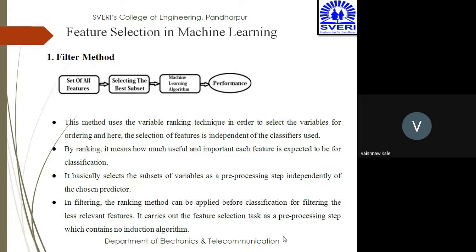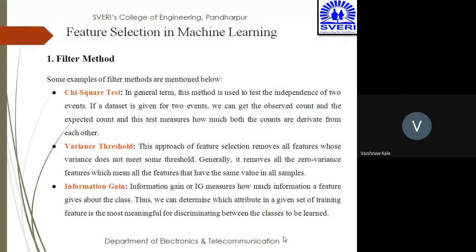In the filter method, you have seen the block diagram: the set of all features is given to select the best subset of features, which is then applied to a machine learning algorithm to check the performance, whether the selected subset of features is working properly or not. There are 3 examples of filter methods: chi-square test, variance threshold, and information gain.